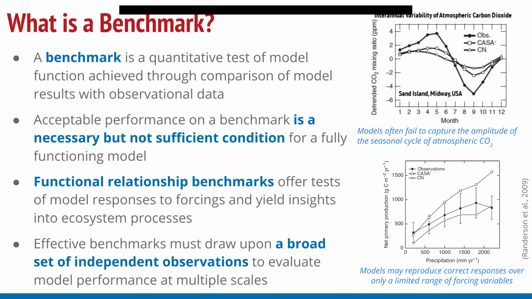An example of such a benchmark is shown in the figure in the upper right, where we have the detrended CO2 mixing ratio in the atmosphere at Sand Island Midway by month. So over that time period, you see the observations have a higher amplitude than the two model results that we're showing over plotted, and the phasing of those two model results is slightly different as well.